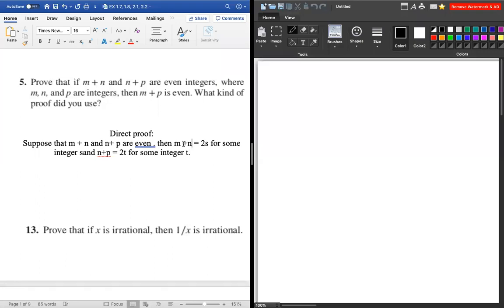Okay, so we assume that this is equal to 2s and this is equal to 2t for some integer t.